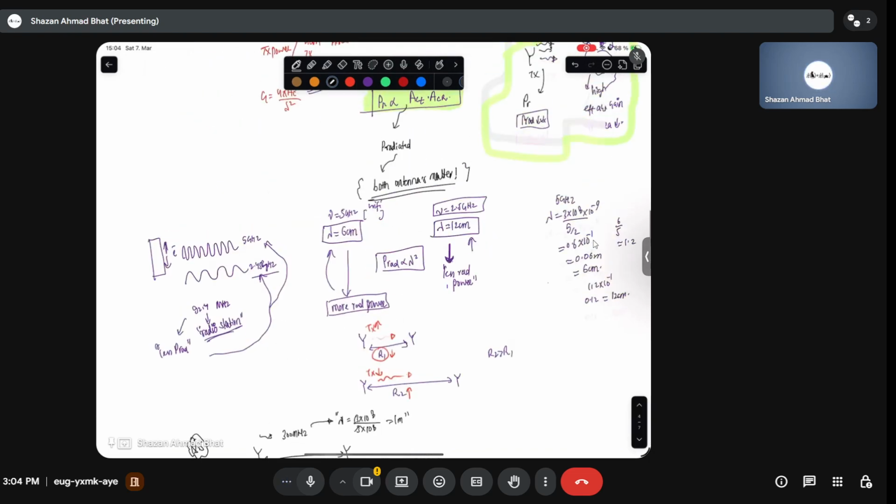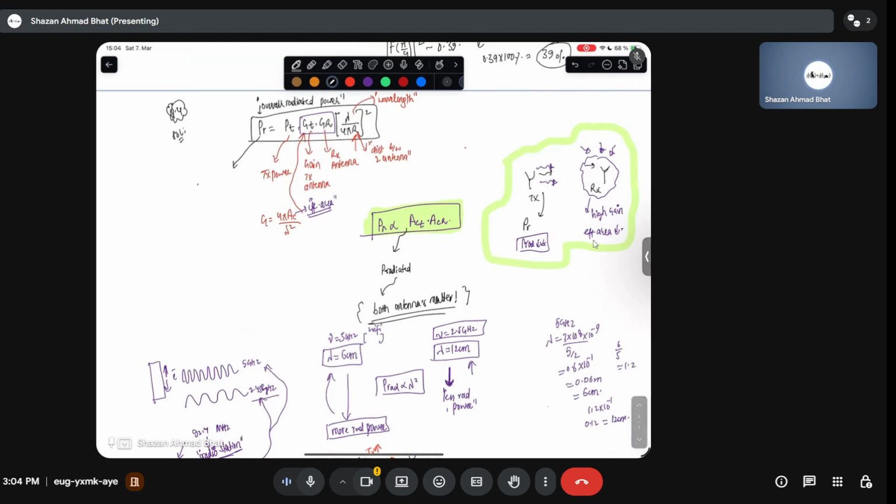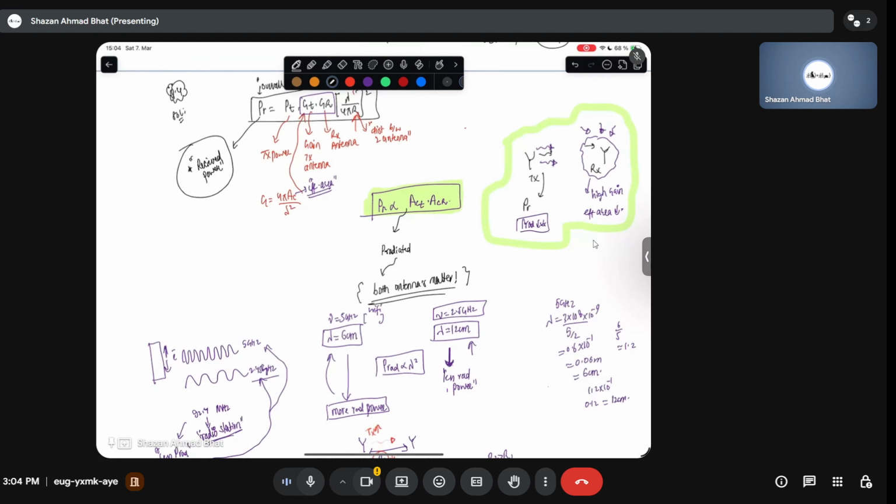And pardon me, this PR is essentially the received power. It's not the radiated power. I mistakenly defined it. So the received power depends upon the area of the transmitting antenna and the effective cross-sectional area of the receiving antenna. That makes sense because if the area of the transmitting antenna is more, it's going to transmit more power and you are going to receive more power.